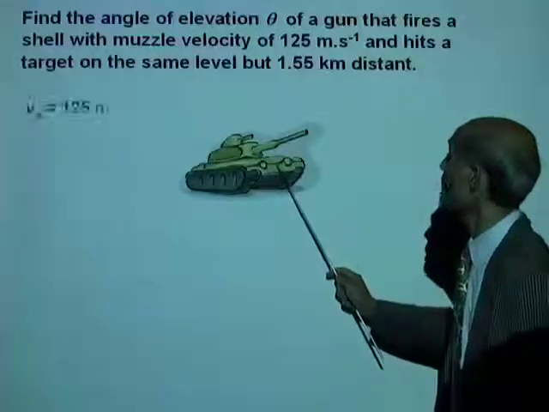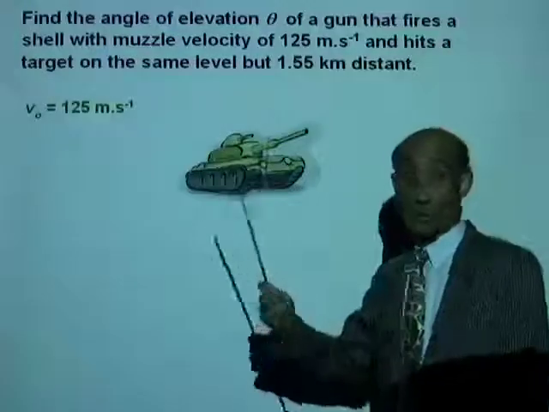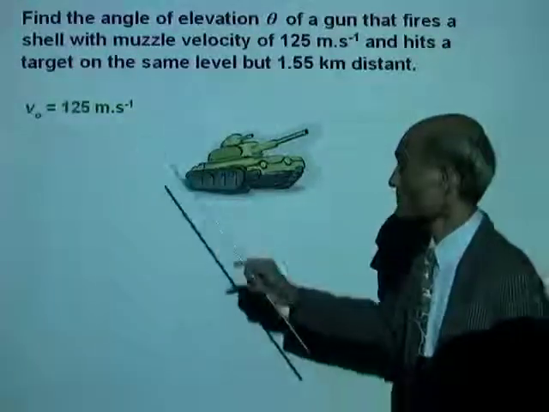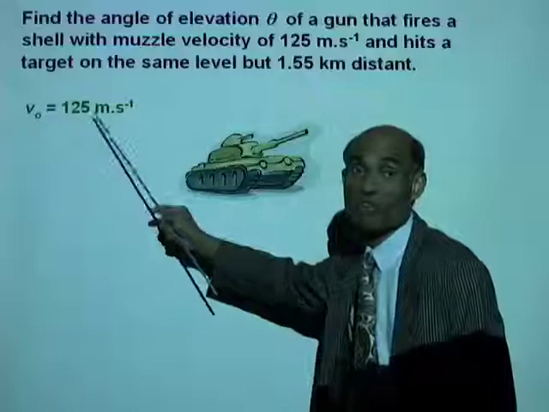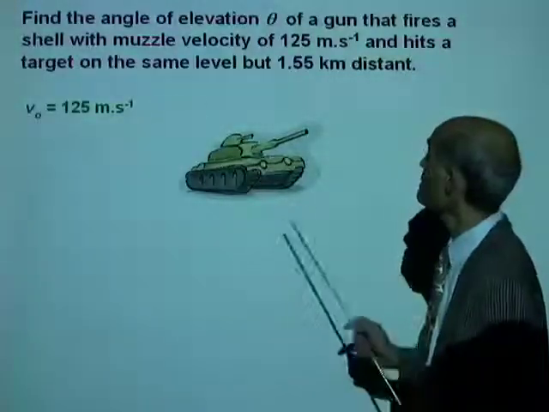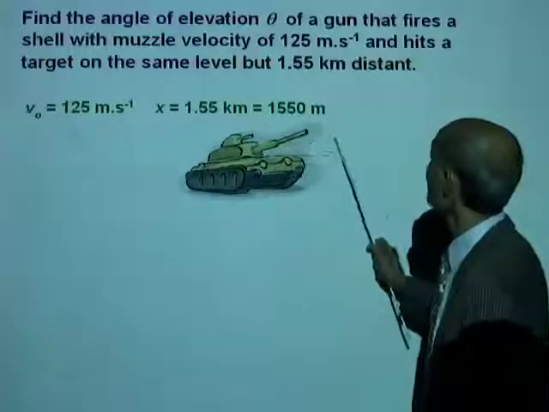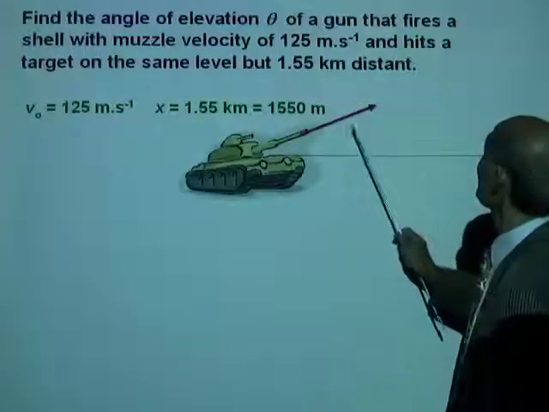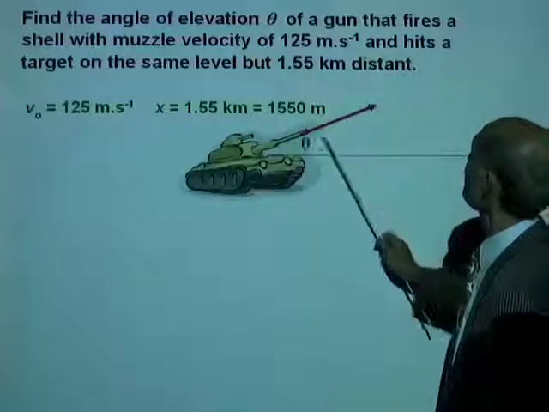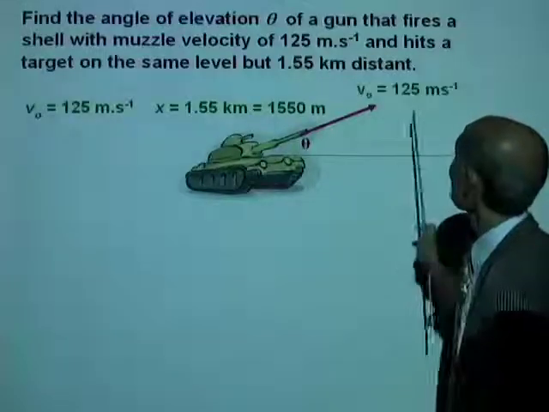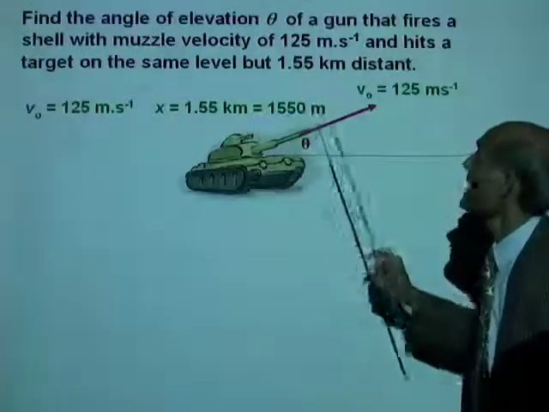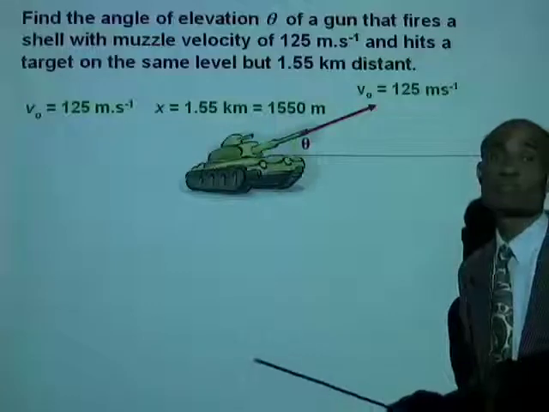Alright, the tank fires a shell with a velocity of 125 meters per second, and the horizontal range is, there you are, 1550 meters.